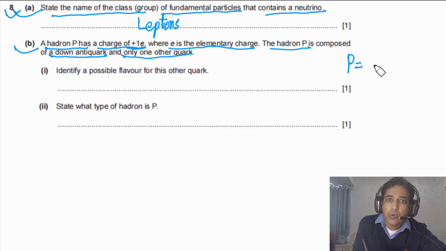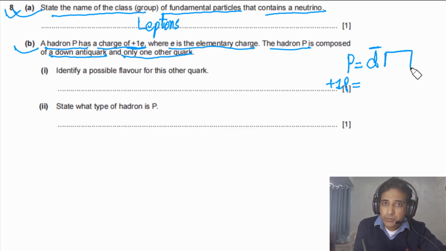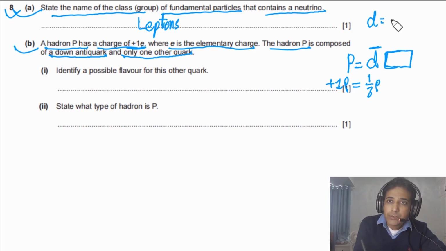This consists of one down antiquark and the charge on this one is plus 1e, and there is another quark here, so we need to write down the possible flavor for the other quark. So the charge on this one is 1 over 3e. This is the charge on the down antiquark, because the charge on a down quark is minus 1 over 3e. So this is the first thing we need to understand.